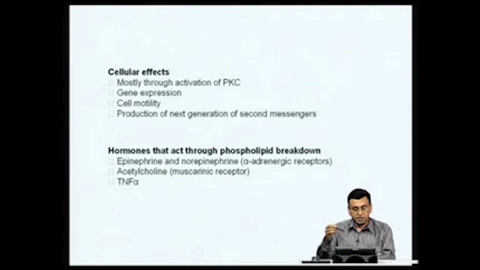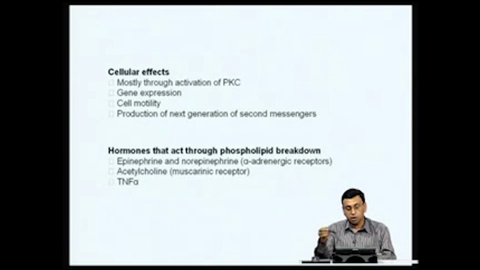A number of hormones actually act through this phospholipid breakdown. So, these phosphatidylinositol molecules which are present in the cell membrane are precursors for a number of second messengers, and when hormones like epinephrine and norepinephrine bind to alpha adrenergic receptors, or when acetylcholine binds to muscarinic receptors, or when TNF alpha, tumor necrosis factor alpha, binds to its TNF receptor, all these things ultimately result in the breakdown of phospholipids such as phosphatidylinositol bisphosphate, resulting in the activation of either phospholipase A2, protein kinase C, or phospholipase D, and the synthesis of specific second messenger molecules.